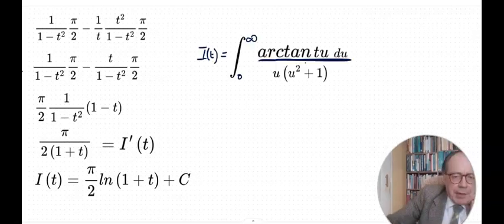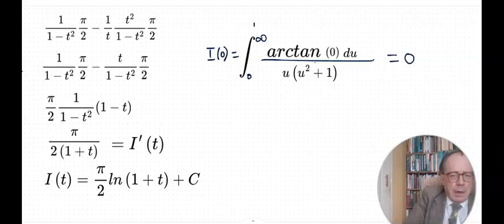So if we look on the right-hand side, we remind ourselves that I of t is the integral between 0 and infinity of arctan tu upon u times u squared plus 1 du. And so I now put 0 in where the t goes to find I of 0. And so we find that the integral of 0 is 0. And so I can now put this in on the bottom left-hand corner to find the constant of integration.